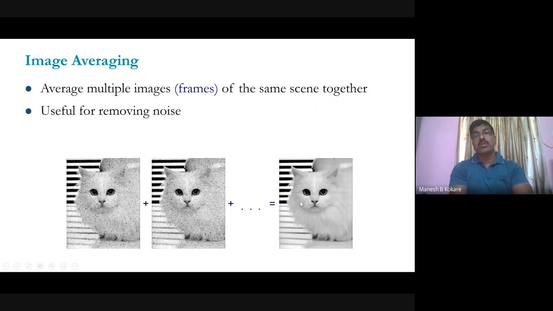So image quality has been improved by simple image averaging. This way we make the image of good quality, which will be really suitable for further processing. Otherwise, this kind of unwanted noise will cause confusion, or the quality of features may decrease and so on.